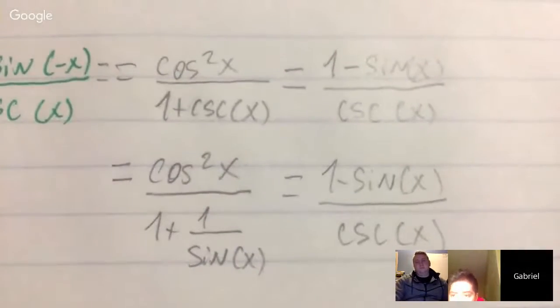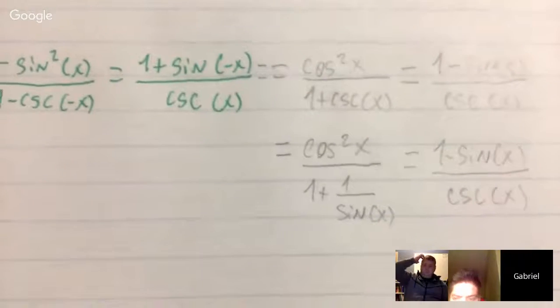Can I share the 2B to see what you guys think? Sure. Of course. I didn't do a lot though. Can you guys see that? Yeah. Well, okay, so 1 minus sine squared of x is equal to cosine squared of x.